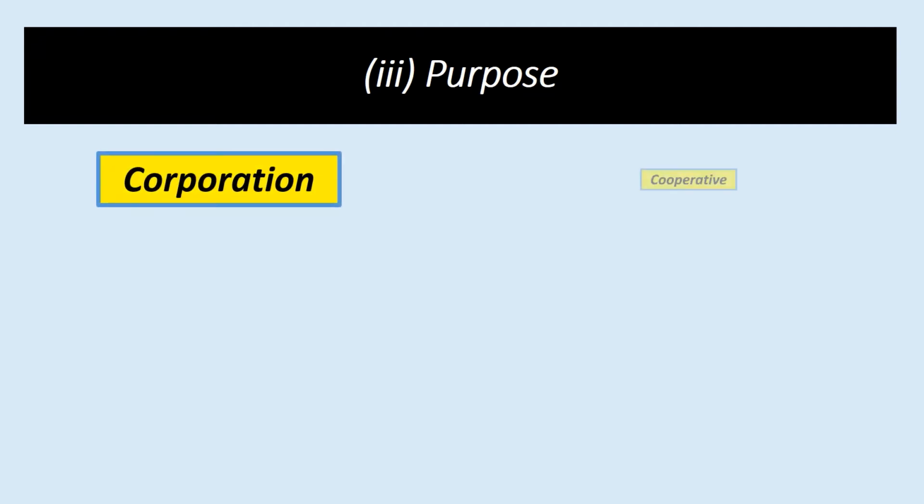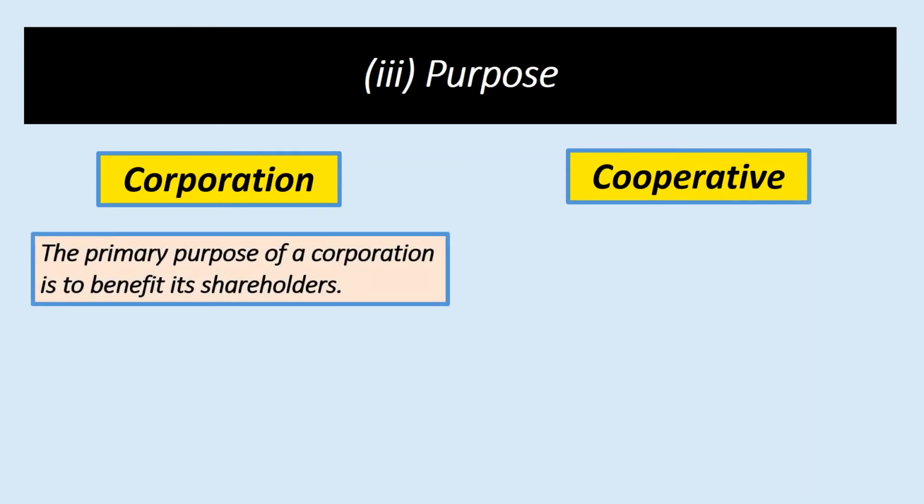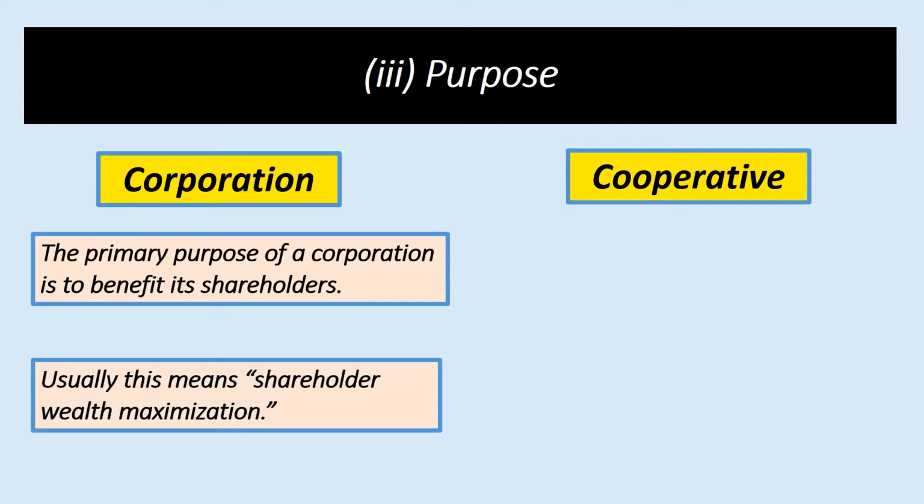Purpose. The primary purpose of a corporation is to benefit its members or its shareholders. Usually, this means shareholder wealth maximization. That means you are setting out to maximize the wealth of the shareholder.